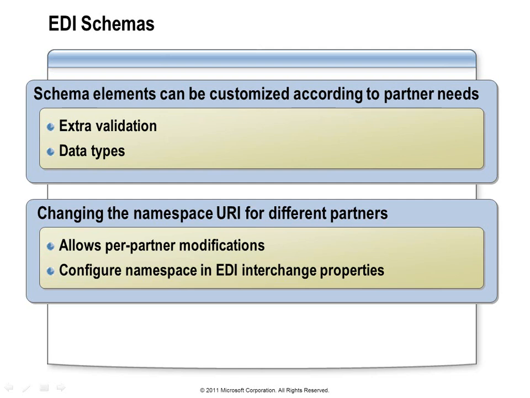So two pieces of that. You create the schema, you change the namespace URI for the partner in the schema, and then when you configure the partner and their profile, you identify the schema namespace there in the party information. That way when BizTalk resolves who the sender is, it can look up the appropriate schema and then apply any extra validation or use the appropriate schema elements that you've modified for that partner.